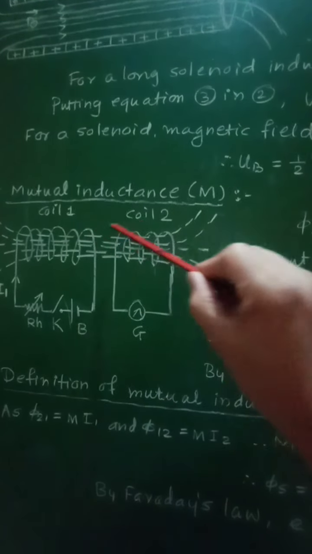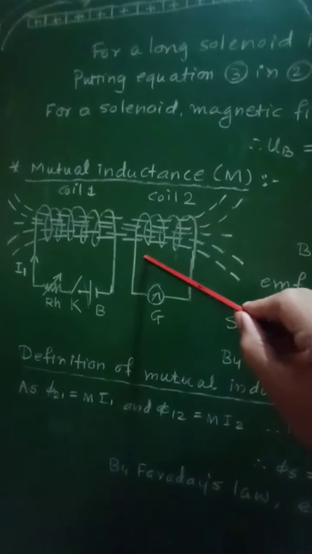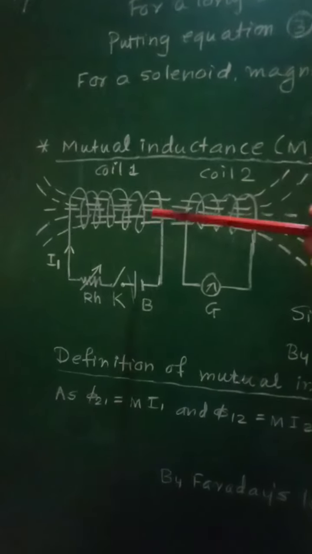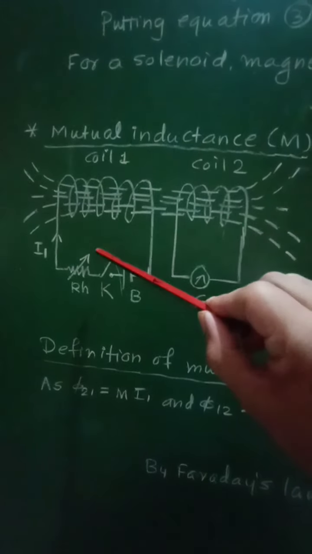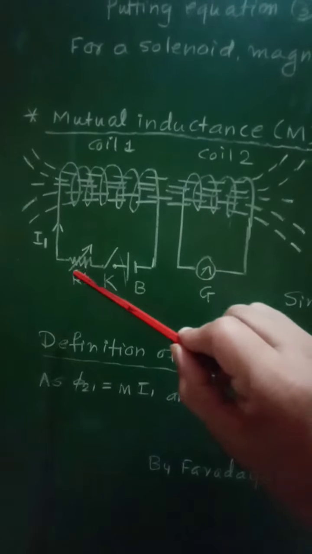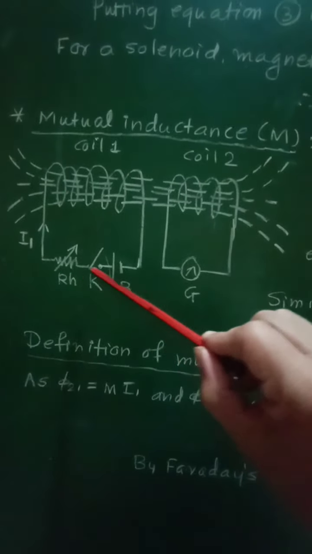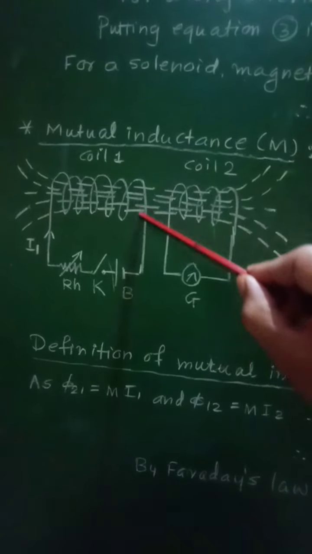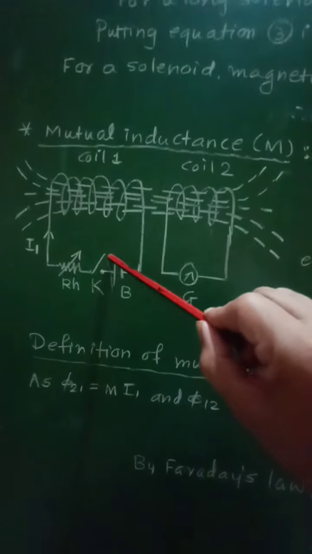So coil 1 and coil 2, these are the two coils which are kept close to each other. The first coil, coil 1, is connected to a rheostat RH, that is variable resistance, a key, and the battery B, so that current I1 is flowing through this coil.